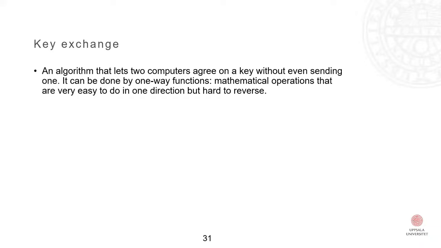This is done by using one-way functions, which are mathematical operations that are easy to do in one direction, but very hard, almost impossible, to do in the reverse direction, even for powerful computers.